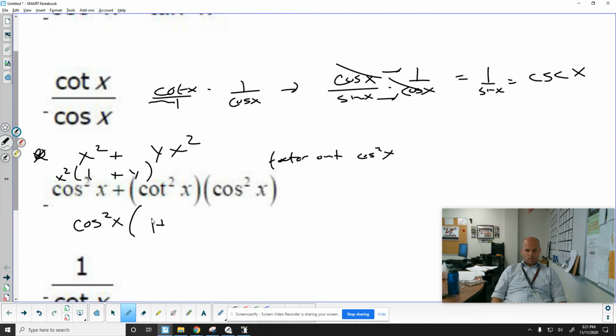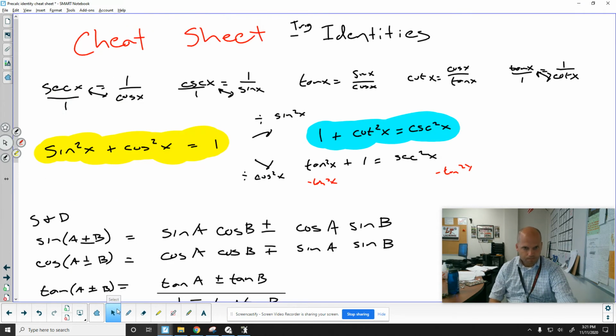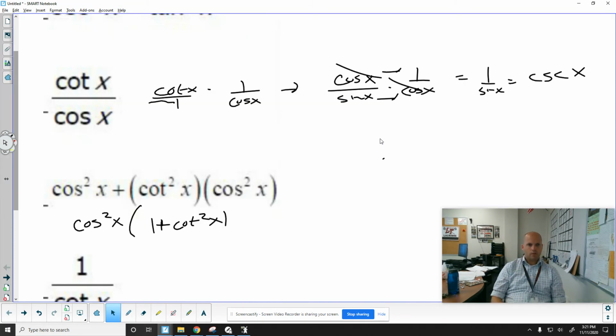I have 1 plus cotangent squared. I think 1 plus cotangent squared is something we should know. It's cosecant squared. So this is cosine squared x times cosecant squared x.